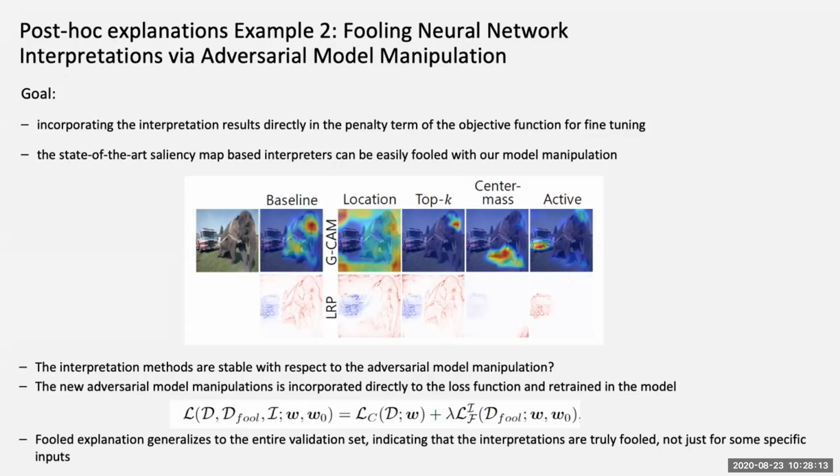So what it intuitively is trying to do is to incorporate the interpretation results directly into the penalty term of an objective function, and then try to see how robust the interpretable models are when we manipulate the input data. Let us describe this problem by using this figure. So the problem here is to classify this big elephant from the bus.